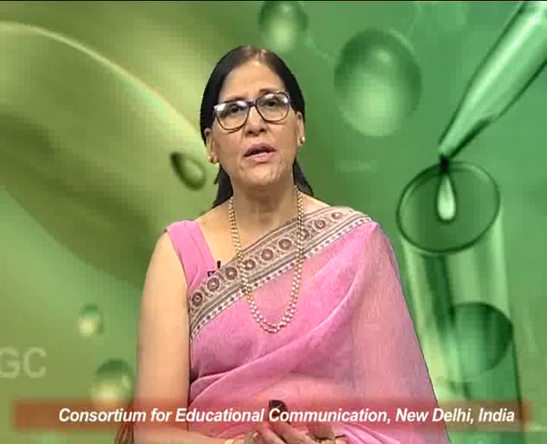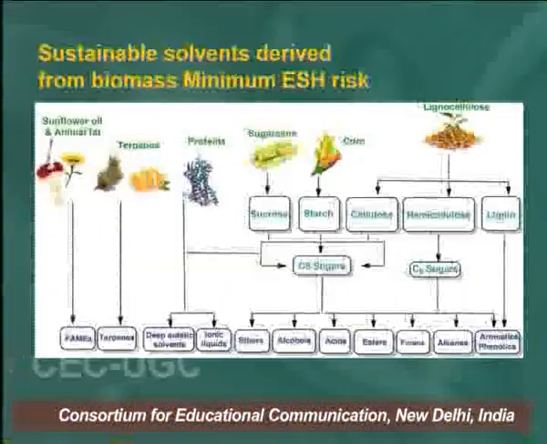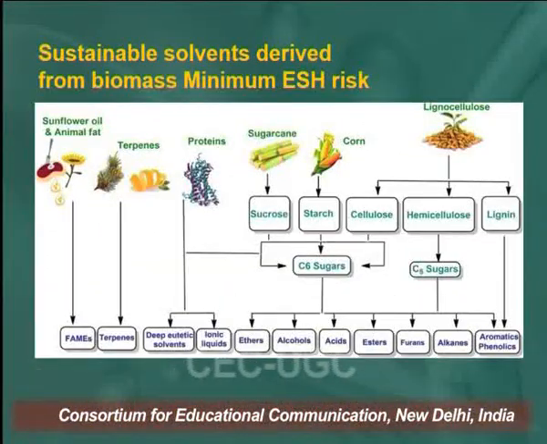On your screen you can see the sustainable solvents derived from biomass, which have minimum environmental and health risk. You can see sunflower oil or animal fats, from which we can get fatty acids, and terpenes we can obtain from plants.